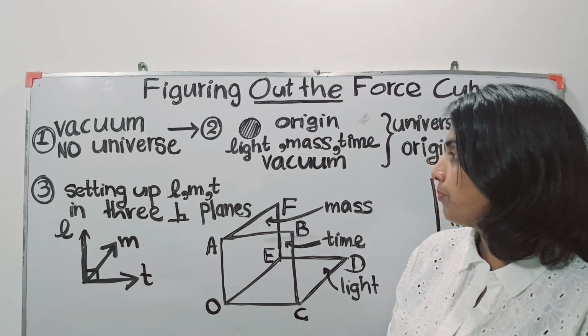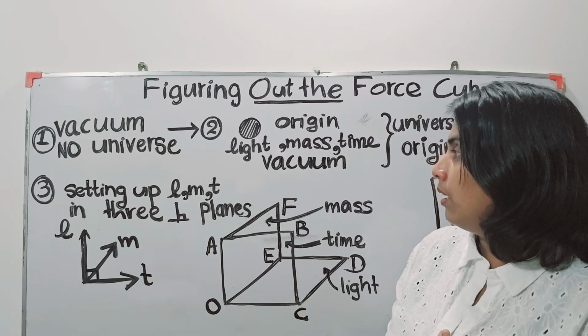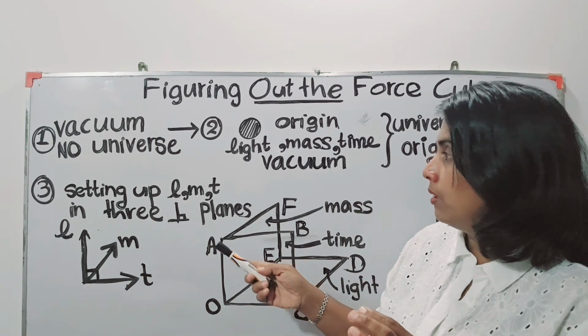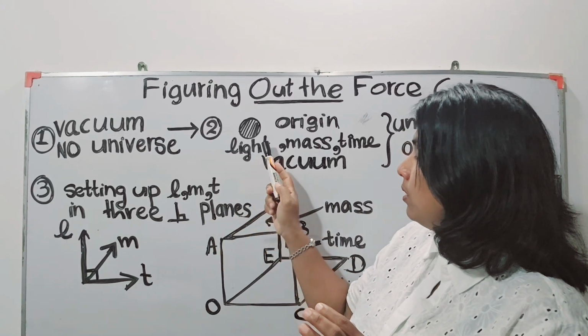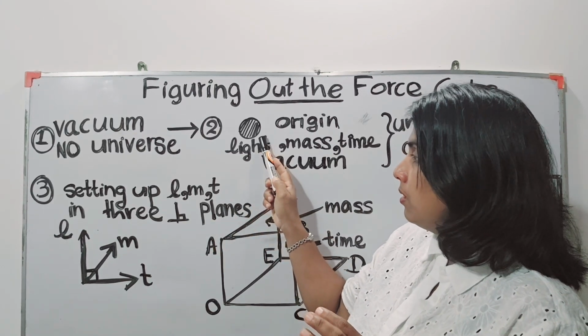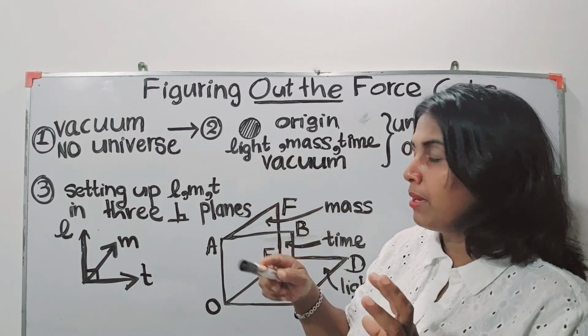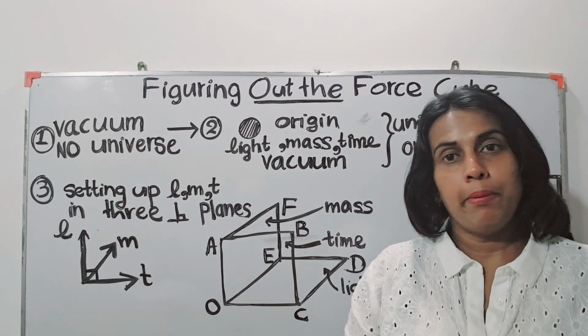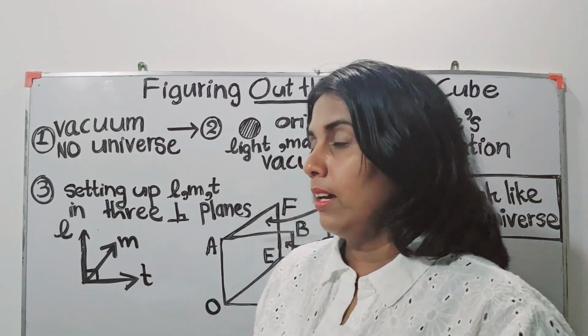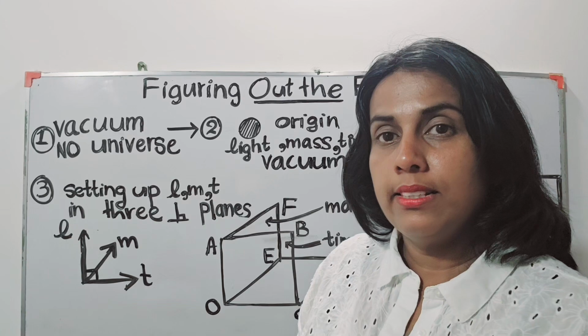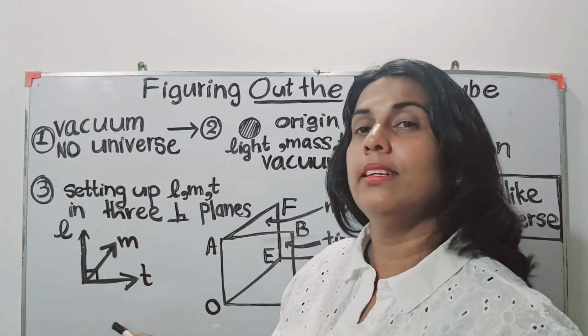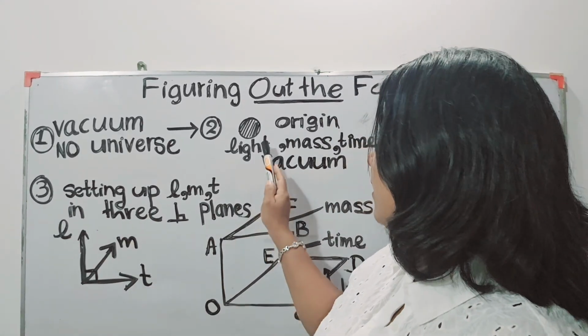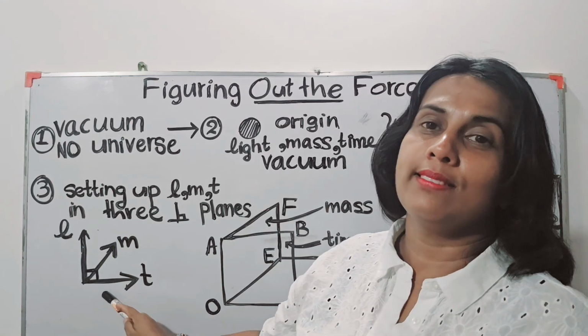And so now as the third step, the light, mass and time at the origin arrange in three perpendicular planes. It doesn't mean that once this arrangement takes place, this is transferred to this.